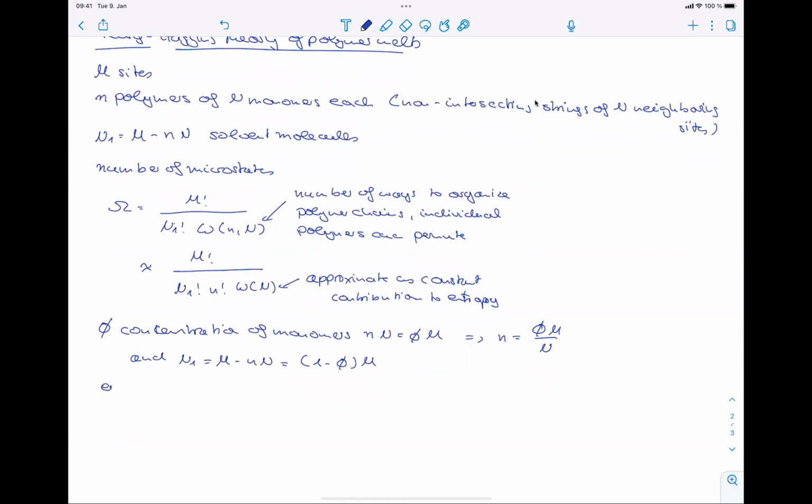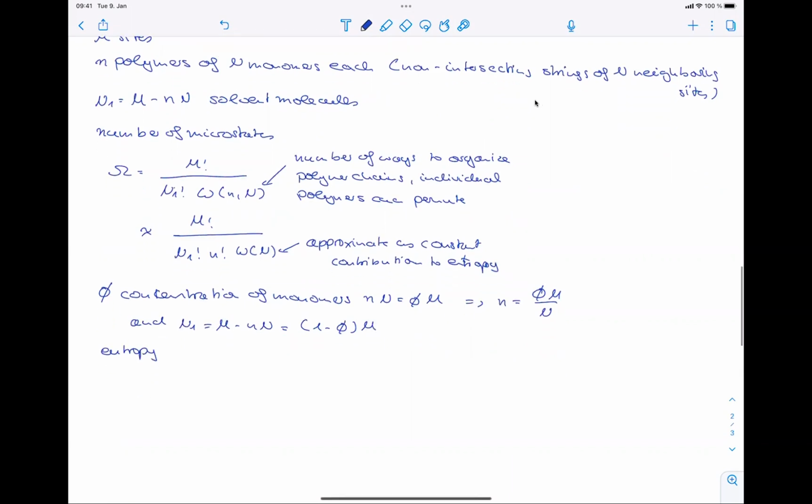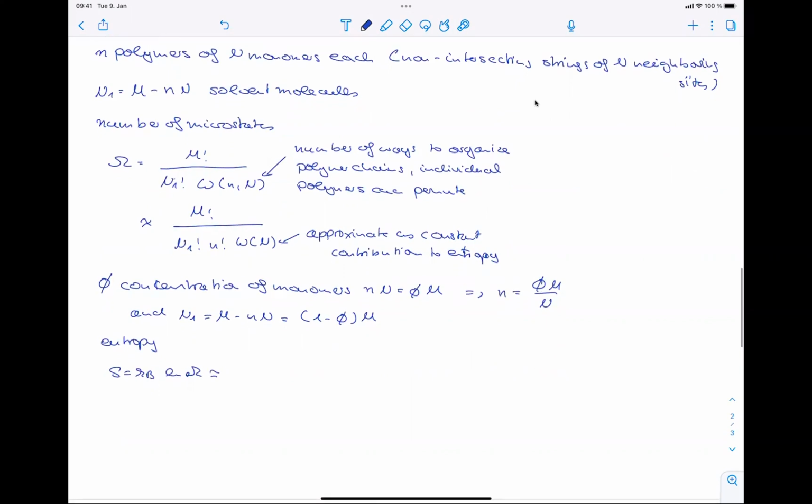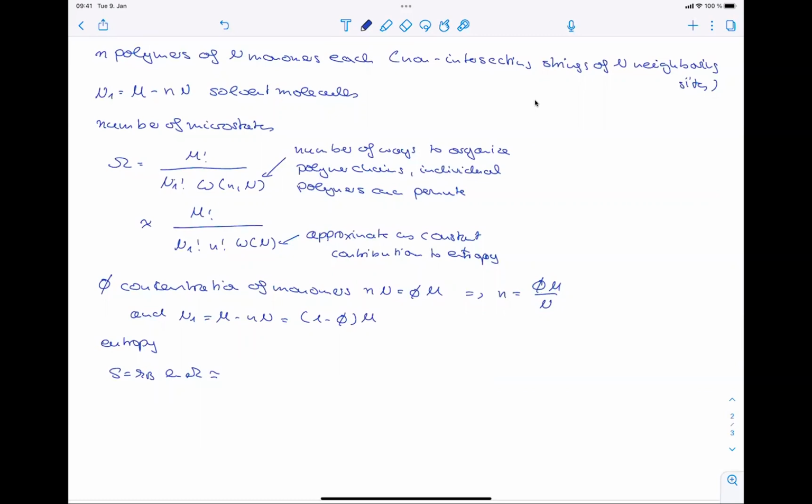And with this together, the entropy, that is S equals k_B ln Omega, is, given the above approximations, k_B ln of M factorial, and then the N_1 was (1 minus phi) M factorial, the small n was phi M over N factorial, and then this constant.